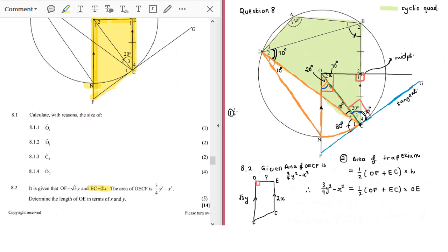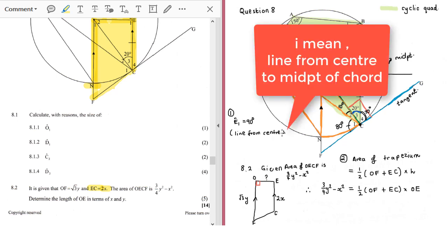So you would start here. This would be the first part of the solution, and this should be the second part of the solution, even though the thinking started here. So what is the first part of the solution? The first part is to say that angle E1 is equal to 90 degrees. And the reason for this is because we have a line from the center perpendicular to chord.